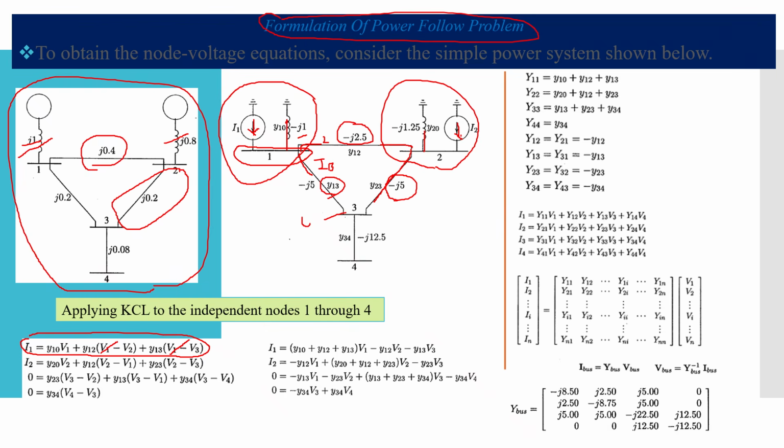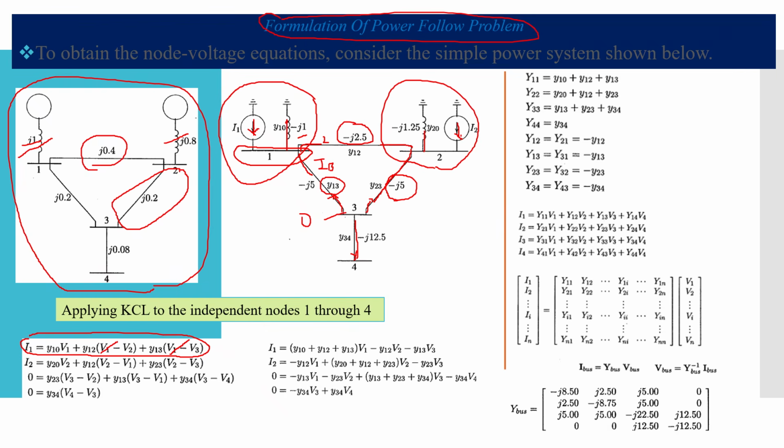Again, for the remaining bus 3, we don't have any injected current, so we can keep it 0. So this is equal to the current going to the bus and leaving from the bus. If we assume all current is going from bus 3 to bus 1 and bus 3 to bus 2, then we can write the same principle for V3. So 0 is equal to the injected current from a generator, which is 0.